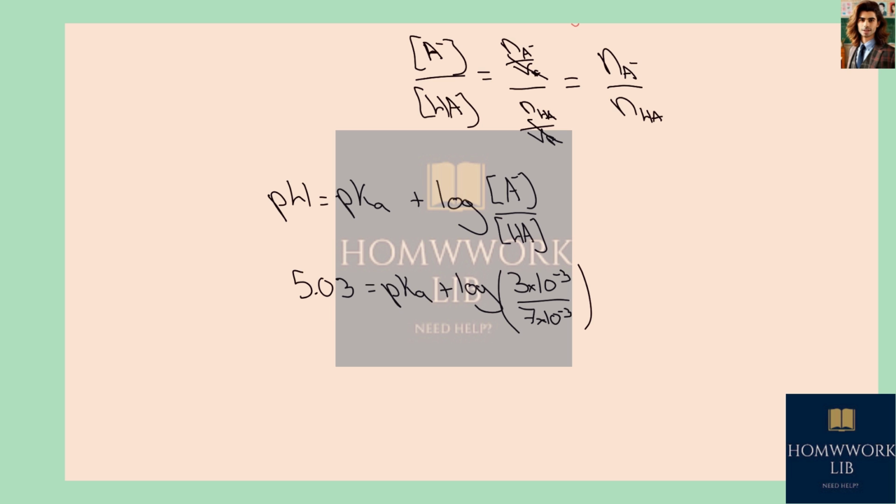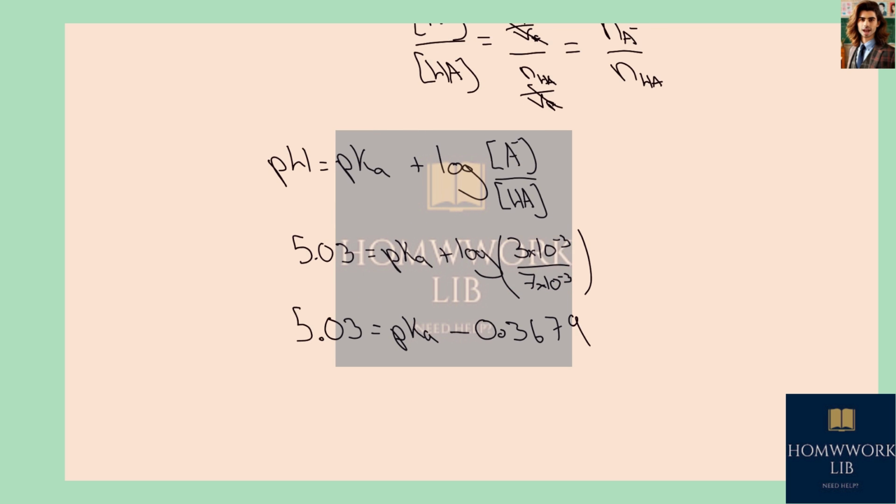Taking the logarithm of that, we know that 5.03 is going to be equal to pKa minus 0.36, 3679, just to be more thorough about it. In this case, actually, we don't need to because we have the pH given only up to the second point.